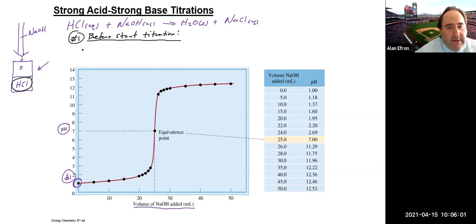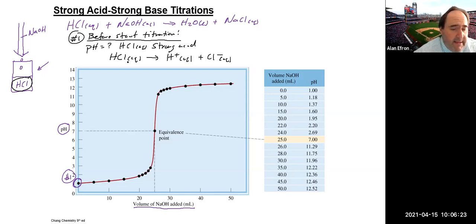And what is hydrochloric acid? Well, to figure out the pH, because hydrochloric acid is a strong acid, we know that it is going to 100% break apart into H+ and Cl-.